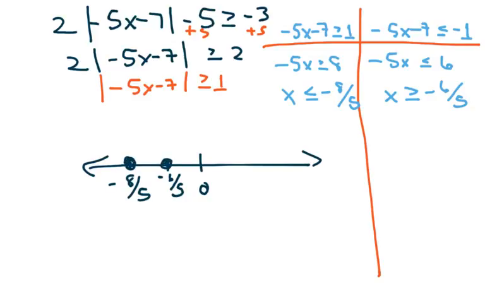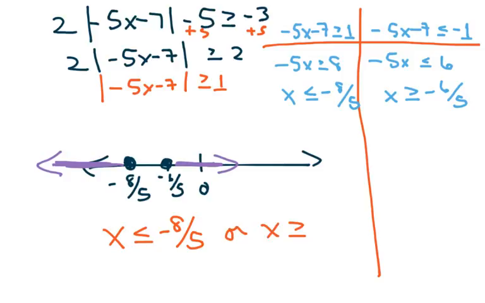So x is less than or equal to negative 8/5, but on the positive side, it's greater than or equal to negative 6/5. So x is less than or equal to negative 8/5, or x is greater than or equal to negative 6/5. It jumps here. That's your or. Sometimes you use the union sign.